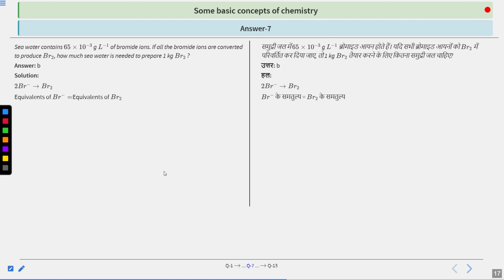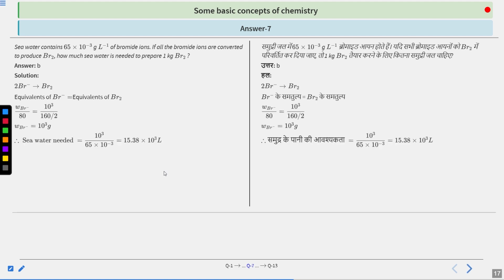The equivalents of Br minus should be equal to the equivalents of Br2. Therefore, we can calculate the equivalents by dividing weight by equivalent weight. So weight of Br minus by 80 is equal to 10 to the power 3 by 160 by 2. That will give you the weight of Br minus as 10 to the power 3. Clear? Now the seawater needed would be 10 to the power 3 by 65 into 10 to the power minus 3, and that will be equal to 15.38 into 10 to the power 3 liter.